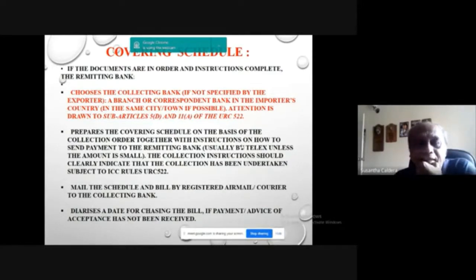The collection instructions should clearly indicate that the collection has been undertaken subject to ICC rules URC 522. It has to be very clearly mentioned. Mail the schedule and bill by registered airmail or courier to the collecting bank.